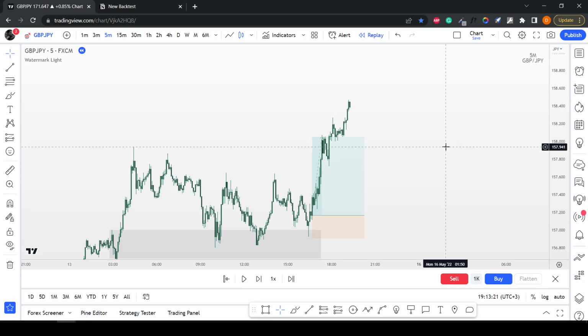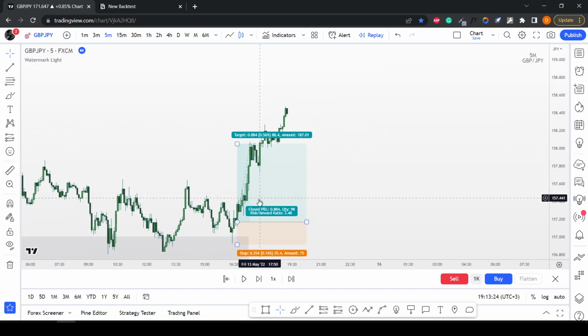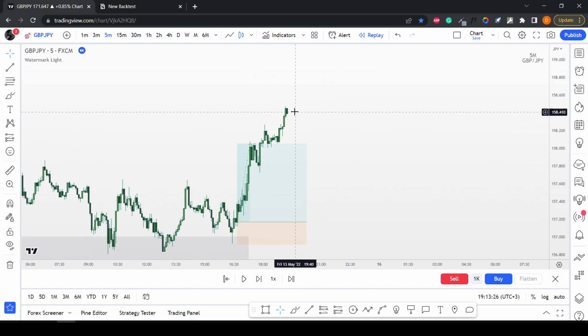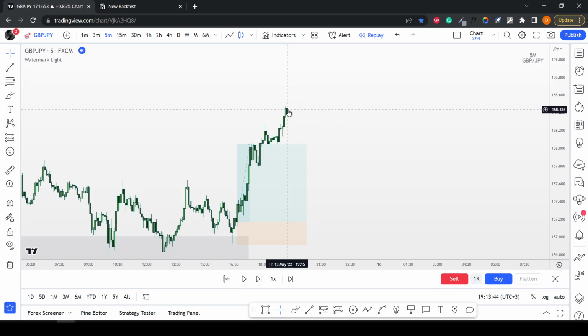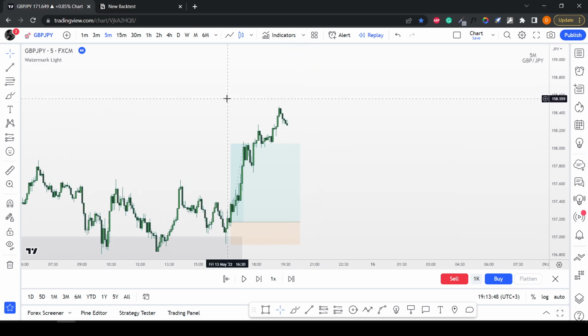So yeah, at this point, you see, since we are having this big move, we can either trail to this one, but be stopped out almost for sure, or to here, but it will not give us a much better trail. So what I want to wait for is a new low and a break to the upside.